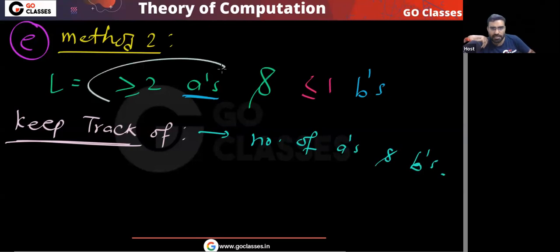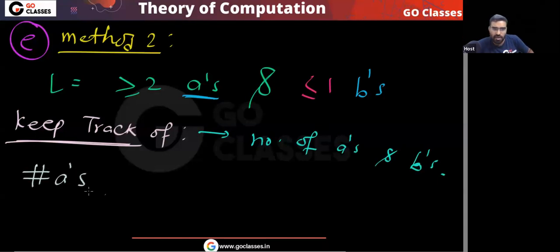Now you tell me. For number of A's, what criteria are there? When you are counting number of A's, what matters to you? Which categories you will create?